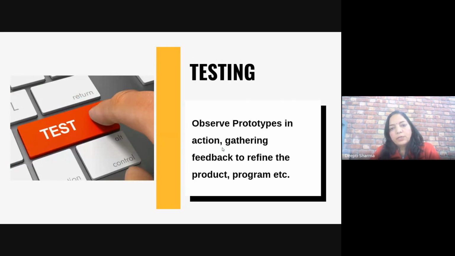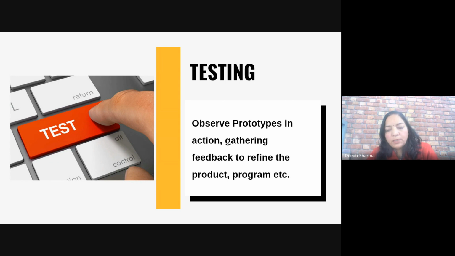And it is now time to test the prototypes. It involves observing the prototypes in action and gathering feedback to refine the product and program, etc. The testing phase always includes getting more suggestions based on the feedback given by the users of these prototypes. For example, we have created a new methodology for evaluating our students.